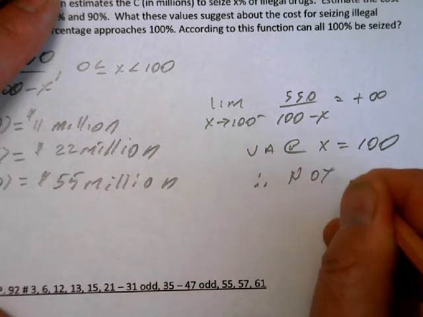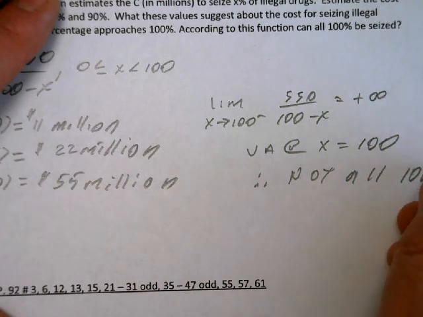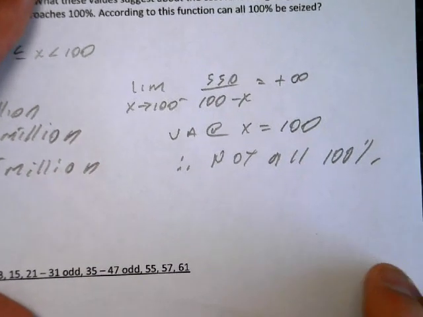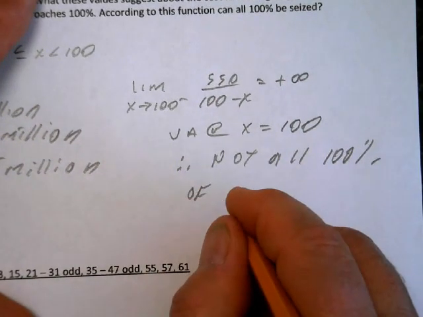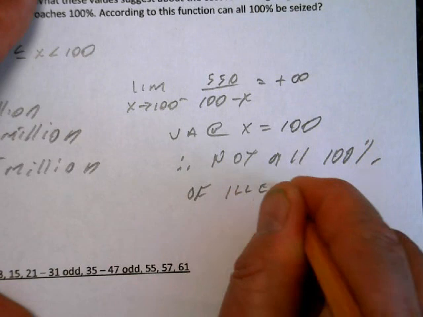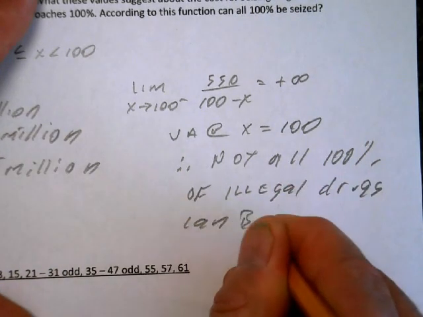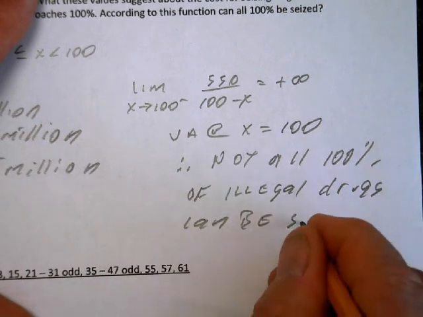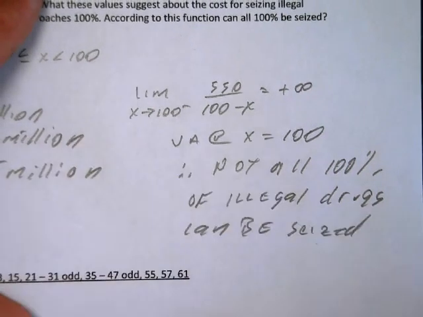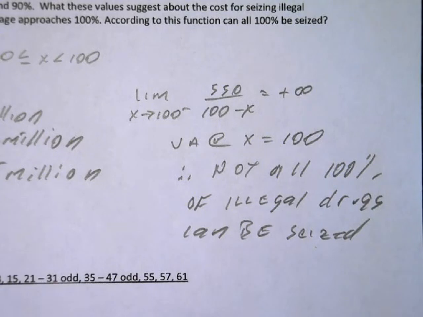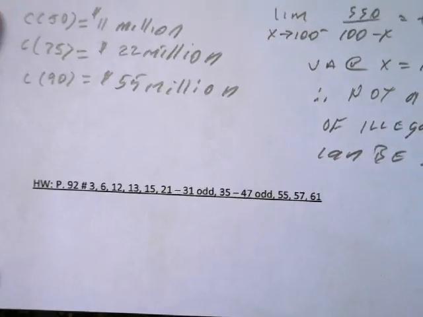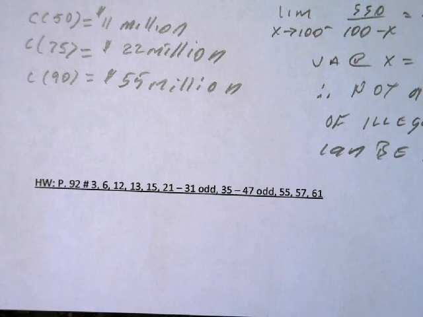So we have a vertical asymptote at x equals 100. And therefore, not all 100% of illegal drugs can be seized. All right, that's going to wrap it up for 1.5.